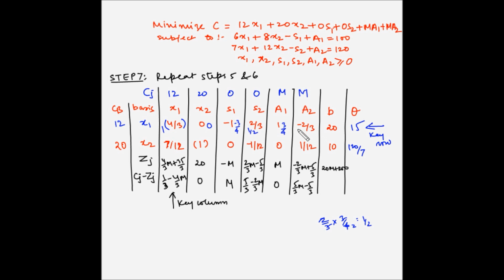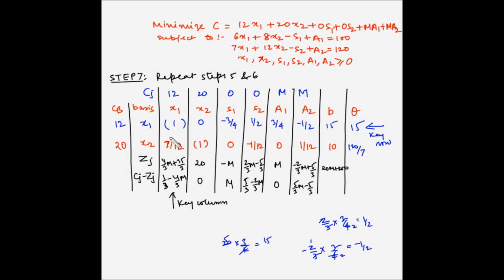Minus 2 by 3 divided by 4 by 3. So minus 2 by 3 into 3 by 4. This is minus 1 by 2. And 20 divided by 4 by 3. So 20 into 3 by 4. 4 5s are 20. This is 15. So let me replace this row with the new values.